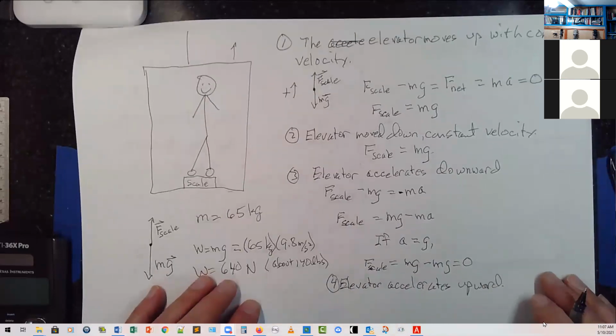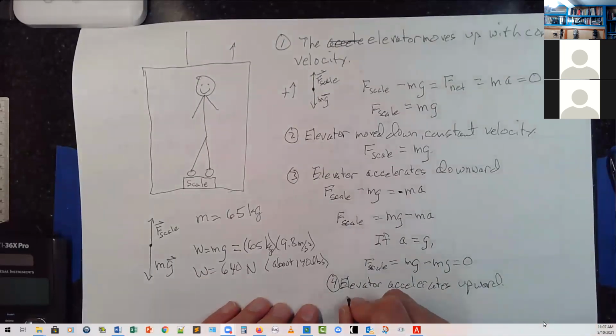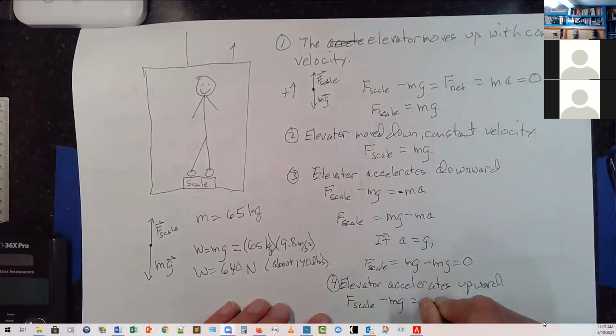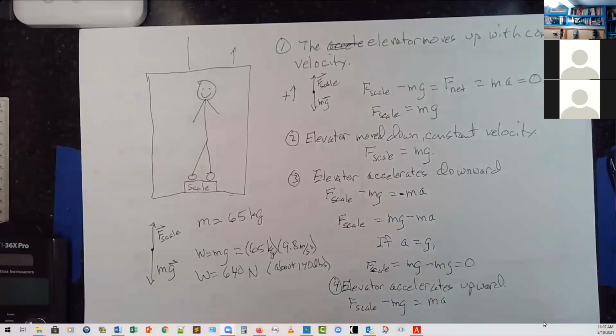In that case, we would have the force that the scale exerts minus mg equal to ma, with a plus ma, because upward is the positive direction.